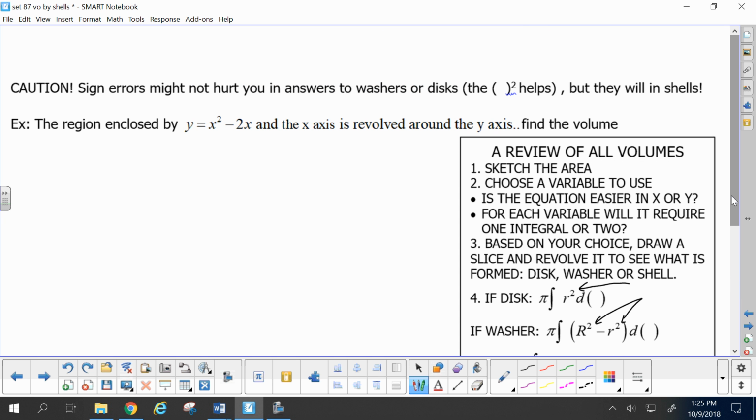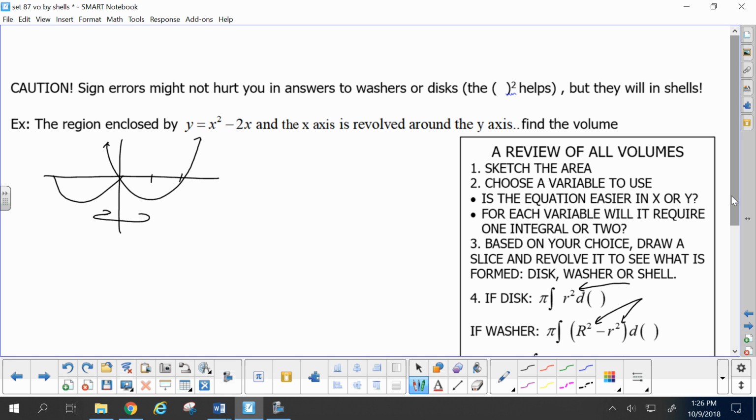So let's take one last look at a problem, and then we'll call it good. Y equals x squared minus 2x. It is a parabola opening up this time with an x-intercept of 0 and an x-intercept of 2. If I revolve it around the y-axis, then it looks like that.